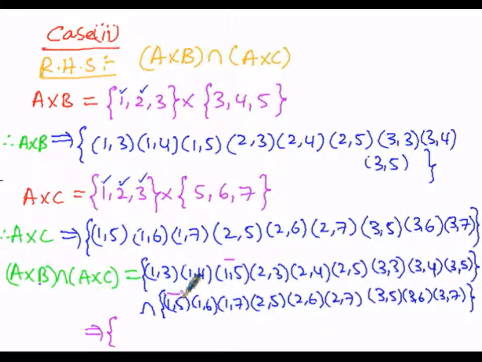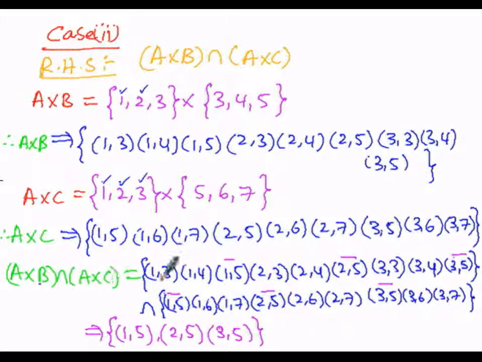Then 2 5 and 2 5, and 3 5 and 3 5. None of the other elements are common. Therefore the common elements are (1,5), (2,5), (3,5), only the 3 elements of A cross B intersection A cross C.